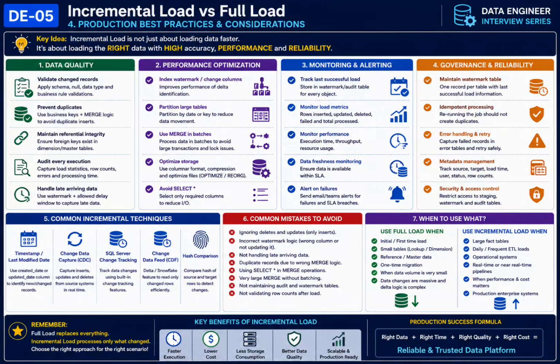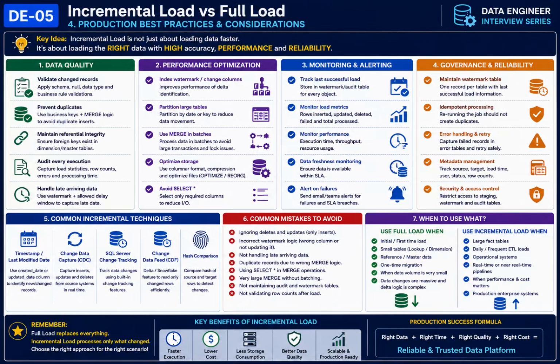Finally, there are some common mistakes we must always avoid: using the wrong watermark column, ignoring deleted records, missing late arriving data, running very large merge operations without batching, and forgetting audit and monitoring. Incremental load is successful only when it's accurate, reliable, and easy to maintain, right?